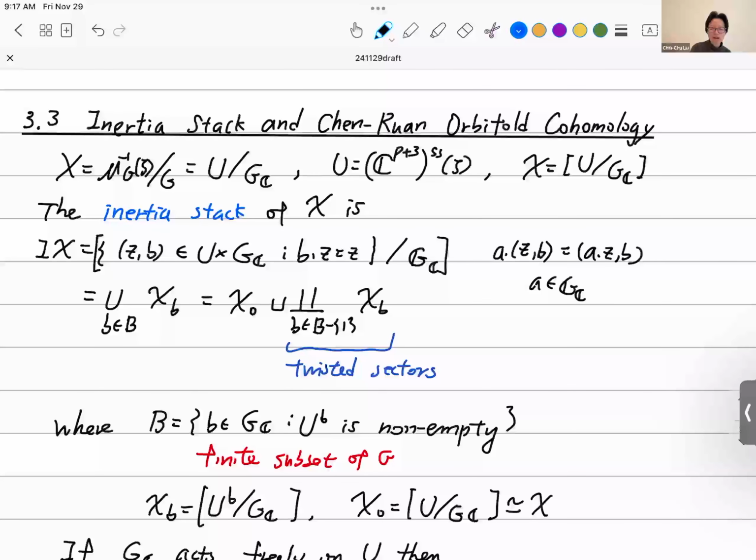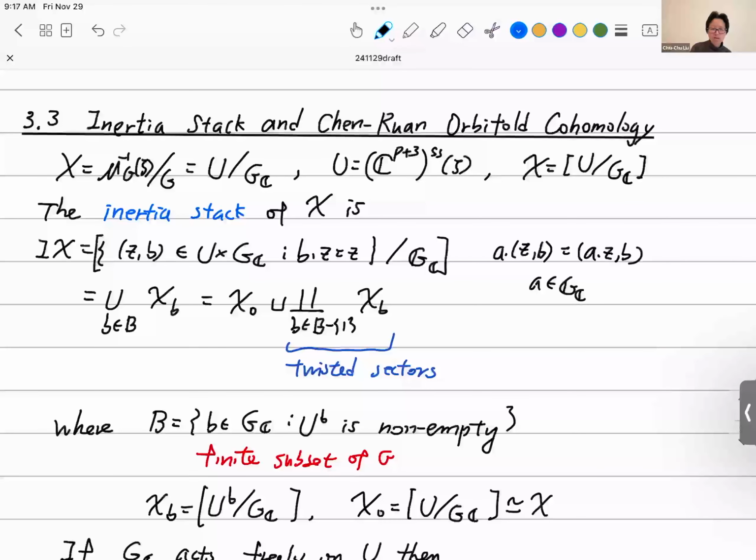In particular, let big capital B be the set of elements in the group G_C such that the fixed point set is non-empty. This is a finite subset, and in particular, when the G_C action on U is free, B consists of only the identity element.